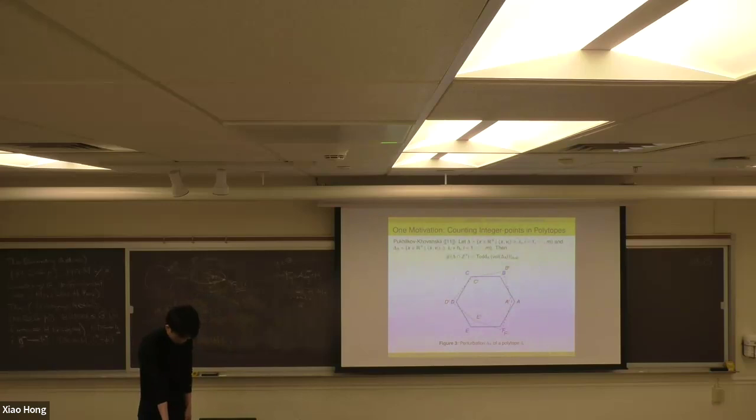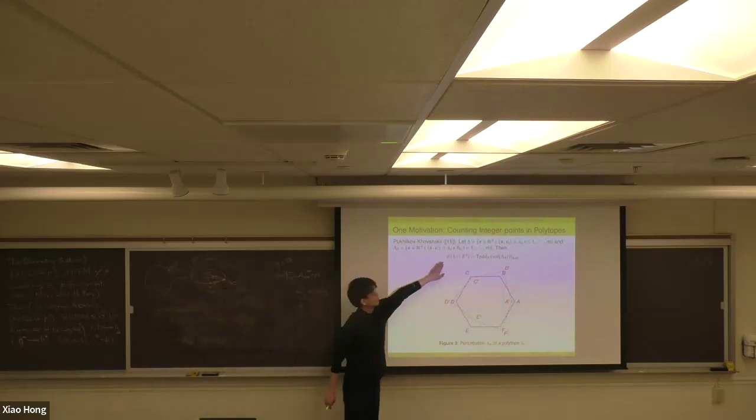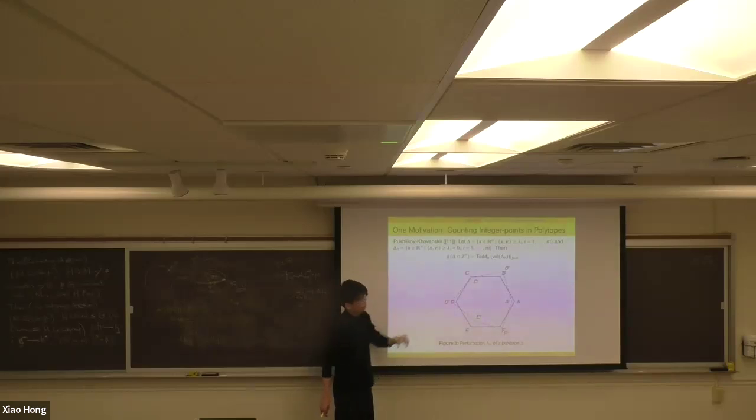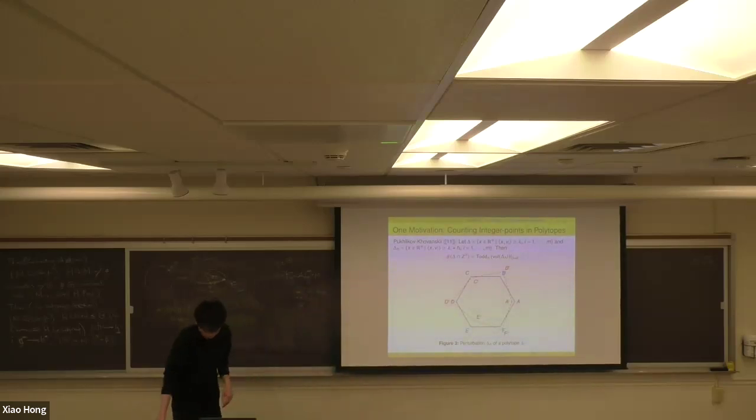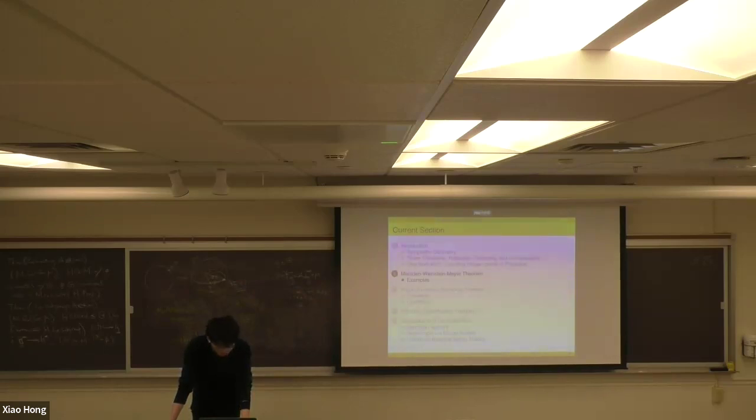And so they consider this perturbed polytope and apply the Todd operator to that to compute the number of integer points in a polytope. This is their formula. The number of integer points in this polytope, this is the number of them. And we will see this will be useful later on. We will see an application for theorems about that.